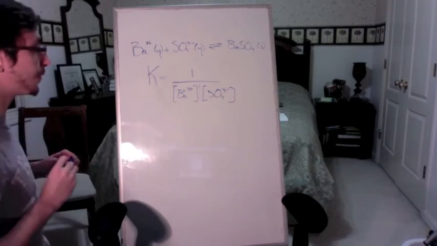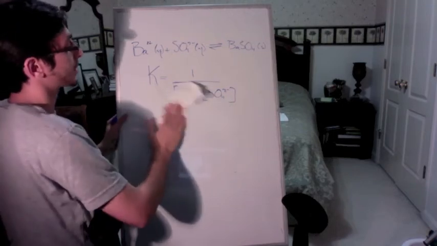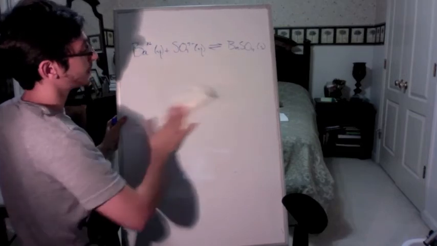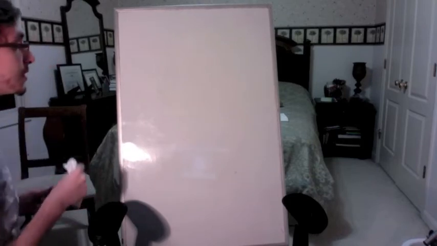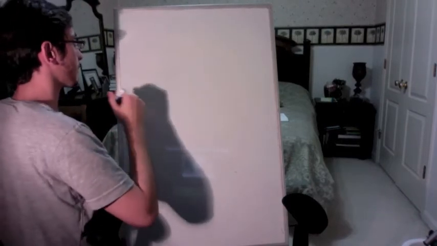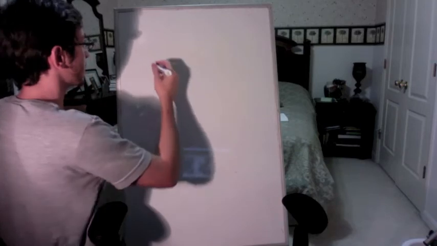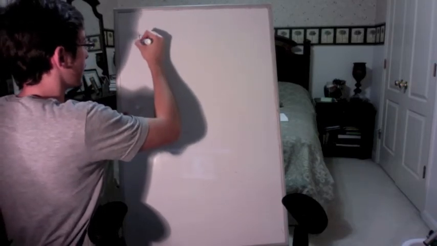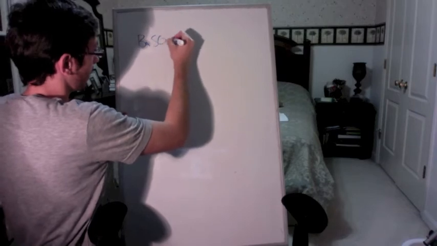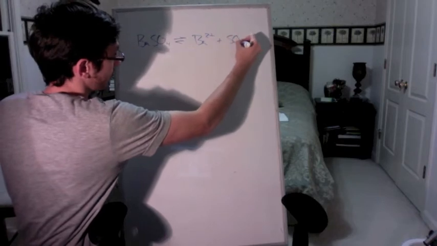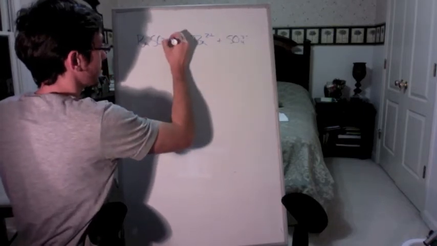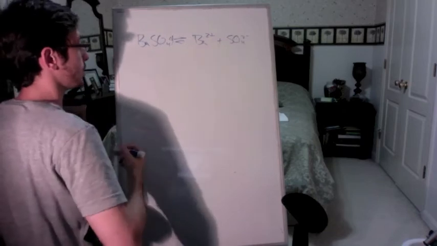Now, there are a few rules for the equilibrium constant. If you reverse the reaction, you take the inverse of the equilibrium constant for that particular reaction. And that's sort of obvious. We just looked at barium ions plus sulfate goes to barium sulfate solid. If we look at the reverse reaction real quick, barium 2 plus and sulfate 2 minus from the solid, these are in aqueous solution.